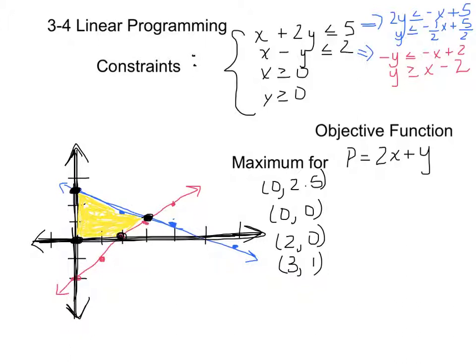In this case, they want a maximum value. So you're just going to plug in each x and y coordinate to figure out which one of these is going to give you the largest value, because when they say maximum, that's the largest value.